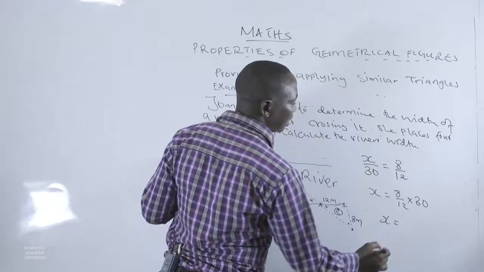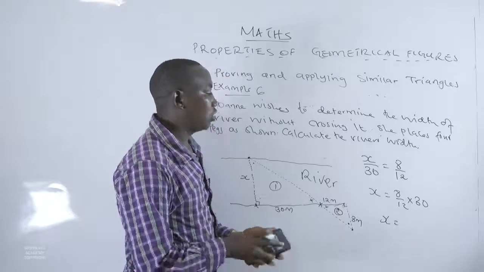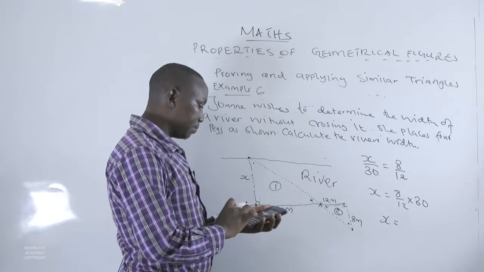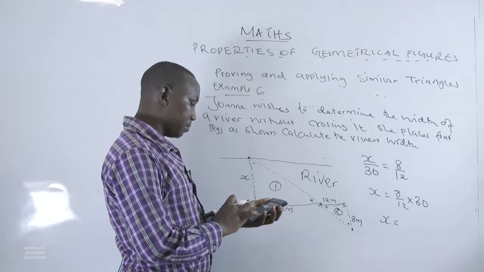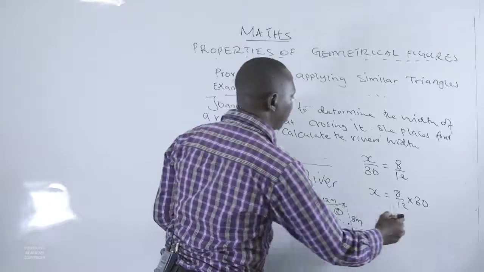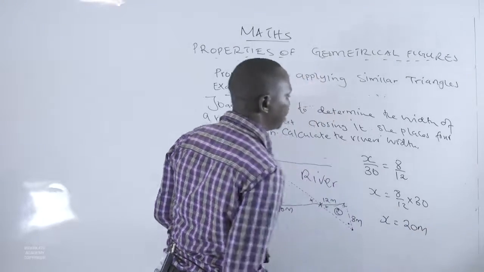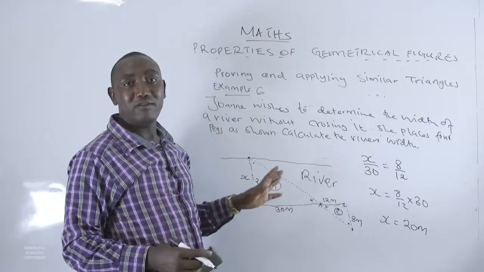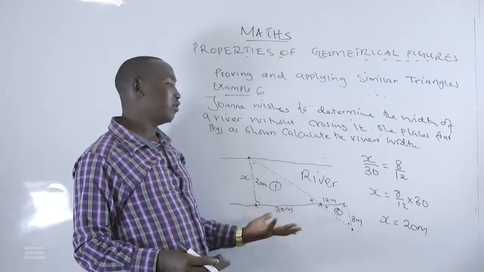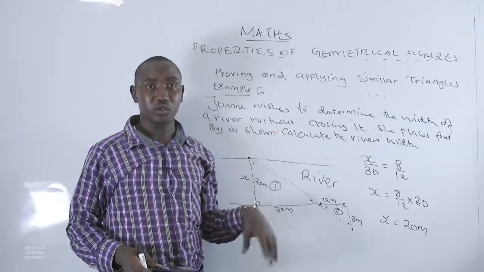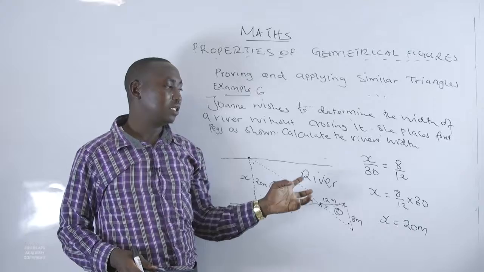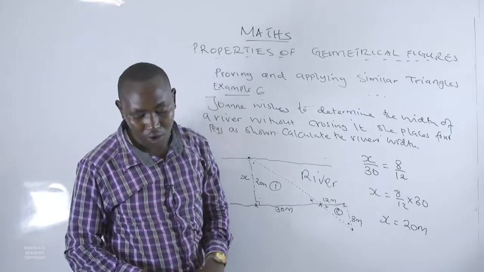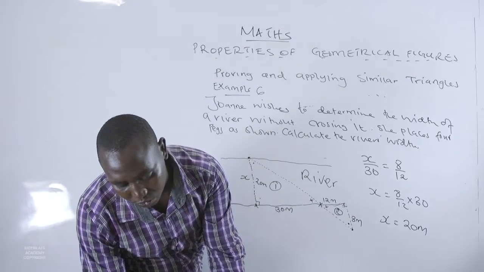And this will give us that x is going to be 20 meters. Therefore, the width of our river, without crossing it, we can comfortably find it as 20 meters. And that is, we have used the concept of similar triangles.